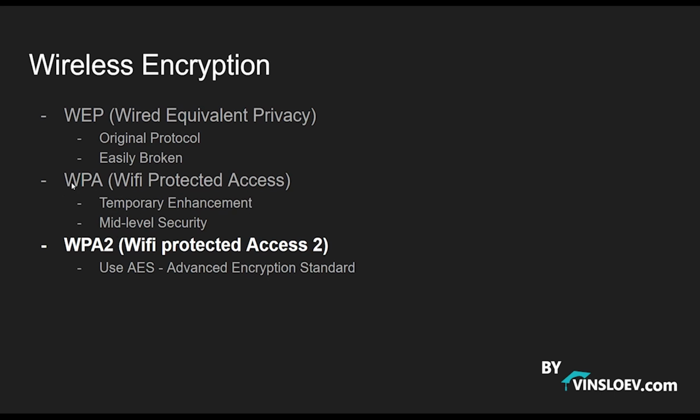And if you see a network that is having this, or your home network is only secured with this protocol, you should try at all costs to switch to WPA2, and if your device does not support that, I hope it does, because every new device does, but if you have a very old device that does not support this, then I recommend you to replace that device so that you can use the Wi-Fi Protected Access 2 protocol, because that is currently the most secure one to use when talking about Wi-Fi security and traffic encryption.